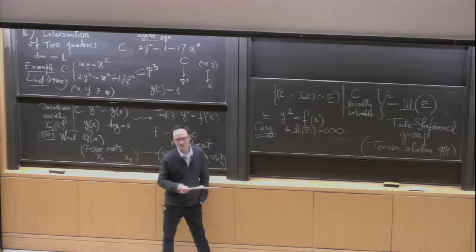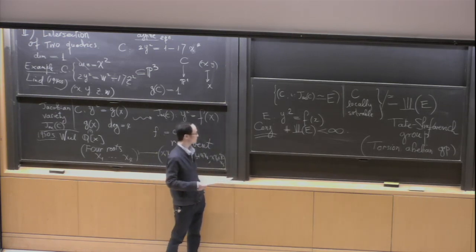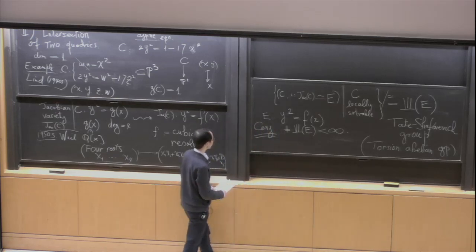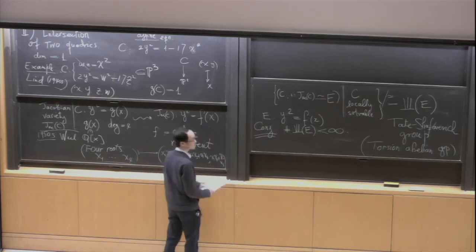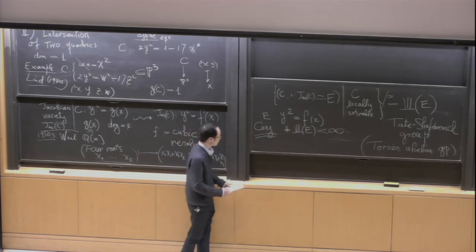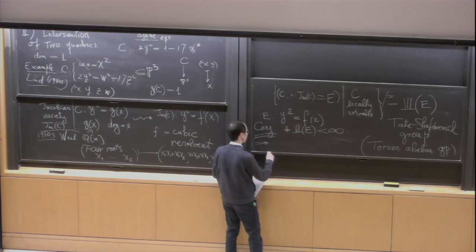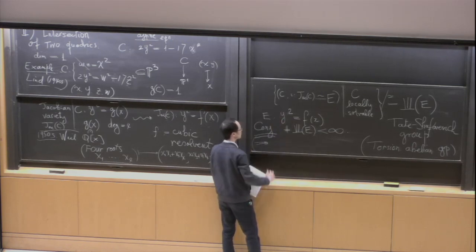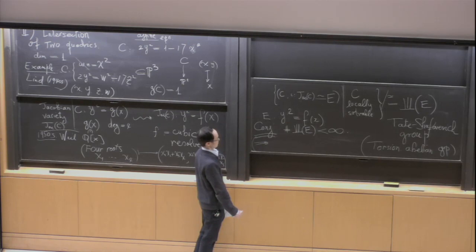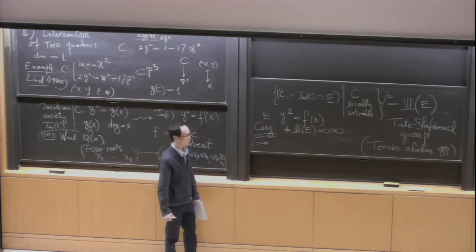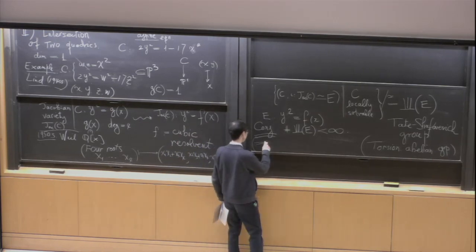So the significance of this conjecture is that, earlier I mentioned that local solvability is decidable. This implies, in fact, that the question of whether a genus 1 curve has a global point is also decidable.